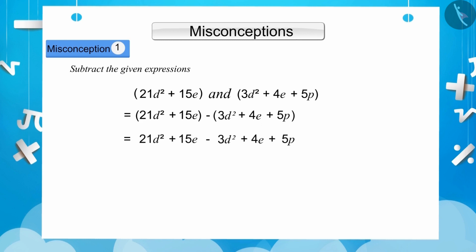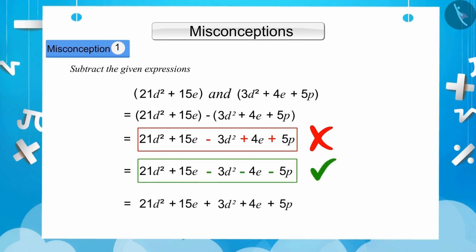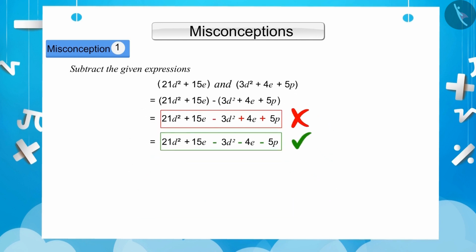Children often do not change the signs of terms after bringing them out of the brackets, which is a misunderstanding. The correct understanding is that if there is a sign of subtraction outside the bracket, all the signs inside the bracket will change when the terms come out of the bracket. But if the sign outside the bracket is positive, then the signs inside the brackets do not change.